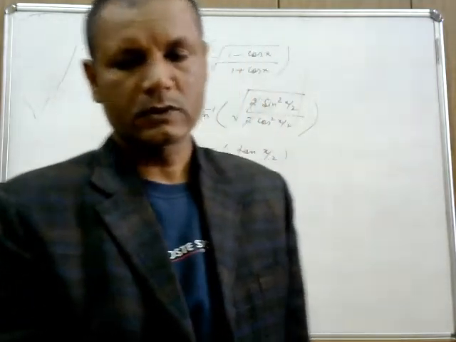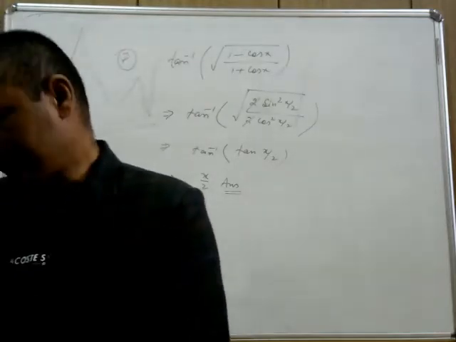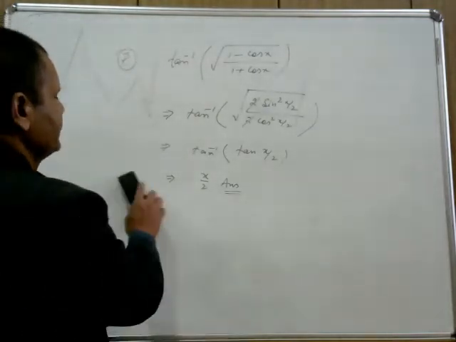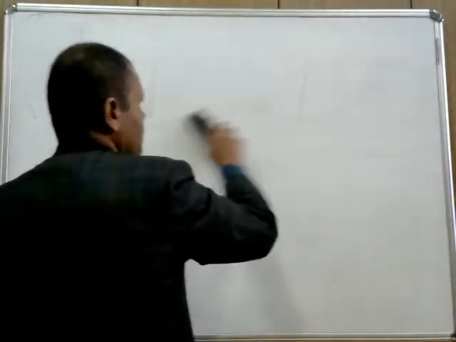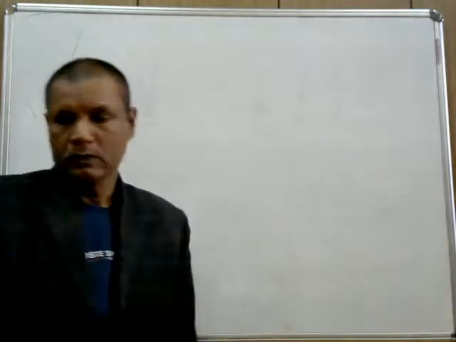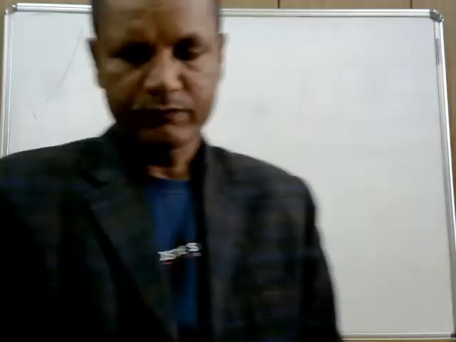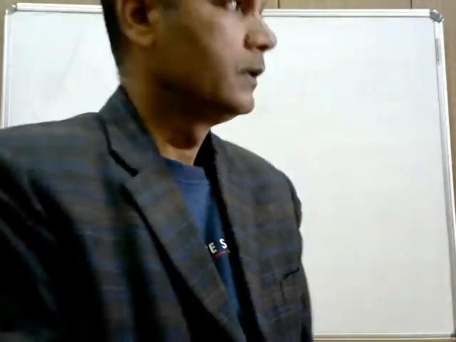Now suppose this question number 8 is there. In the question number 8, again the important role goes to trigonometry, because the trigonometric formula you have to have there in your mind, right?